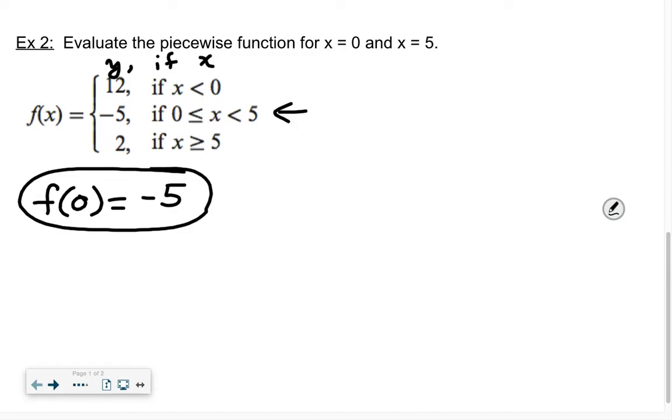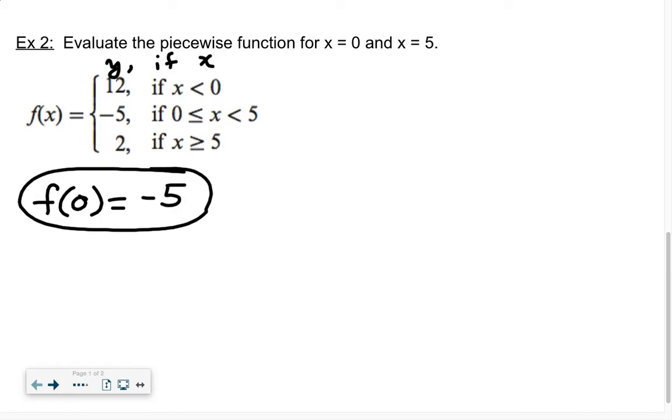How about if our x is 5? First, second, or third one? Jeremiah, what do you think? First, second, or third?